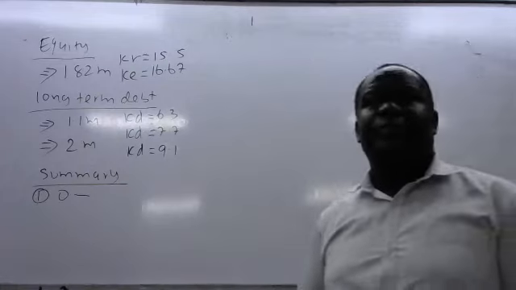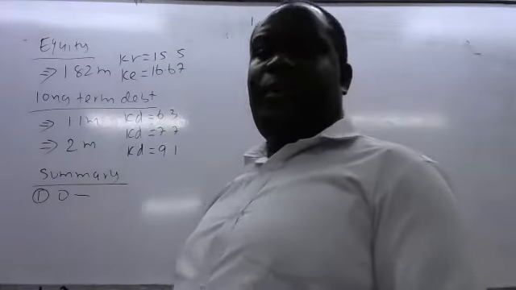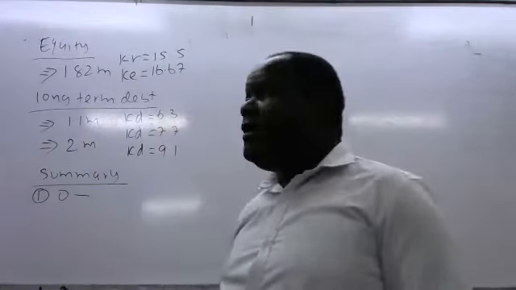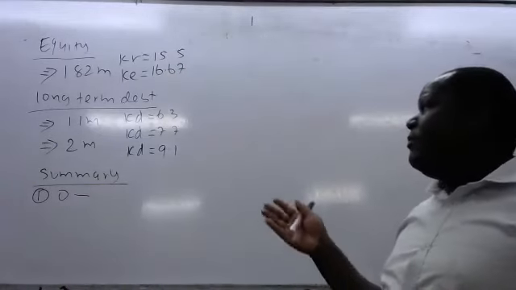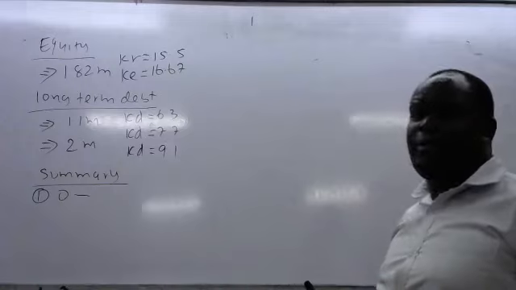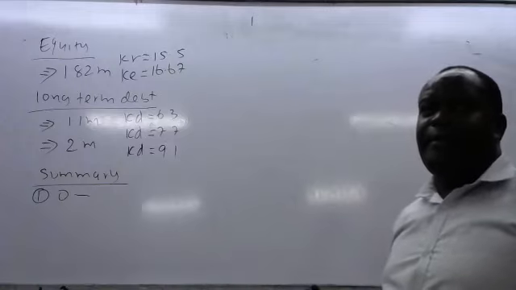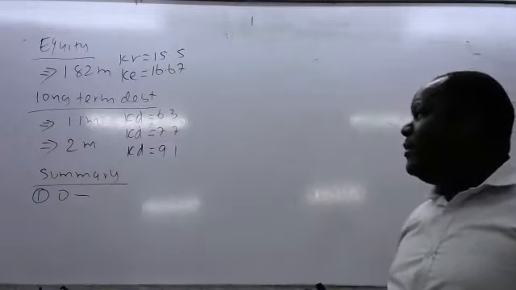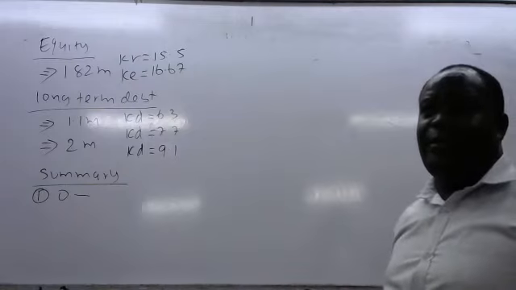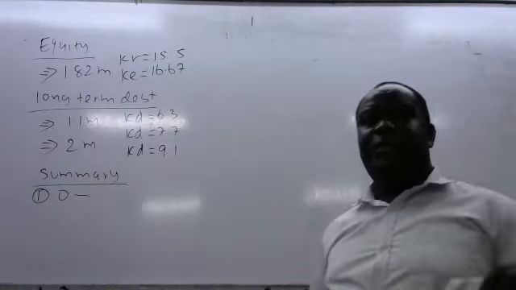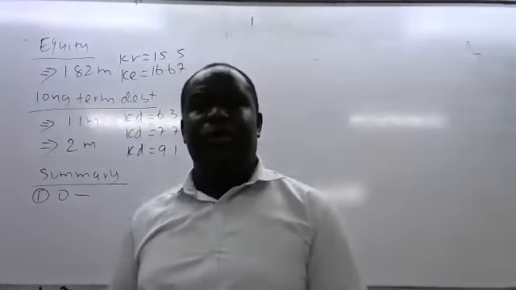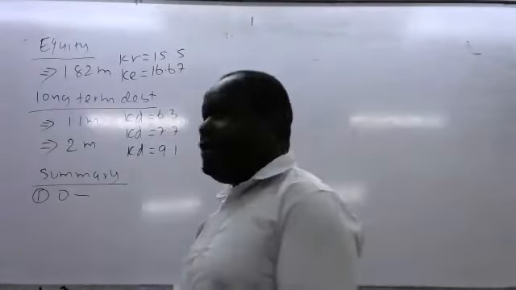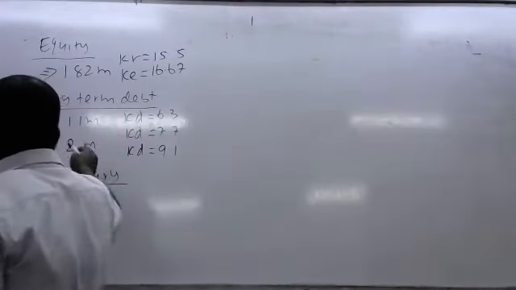You have 3 of them: 1.82, 1.1, and 2 million. So the lowest is how much? The lowest is 1.1.